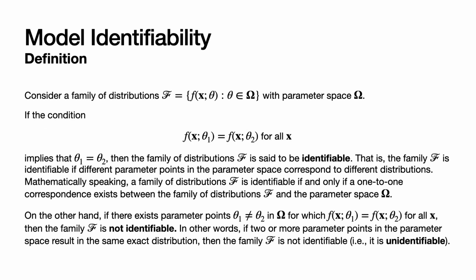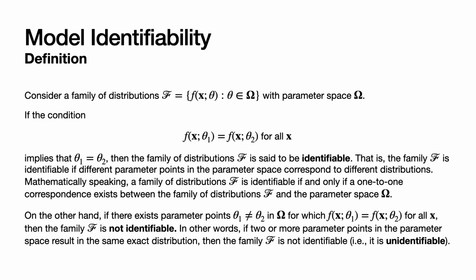Let's first talk about model identifiability in general. Consider a family of distributions denoted by script F, which consists of a collection of PDFs or PMFs with argument bold X, which is a multivariate vector of responses, and a parameter theta, which may also be multivariate, coming from a parameter space, which we will denote by kappa omega.